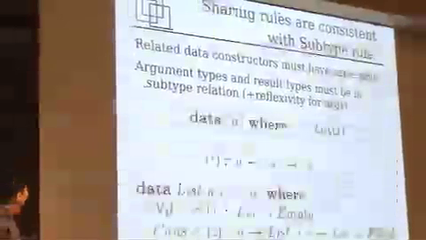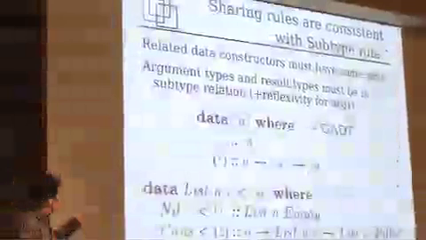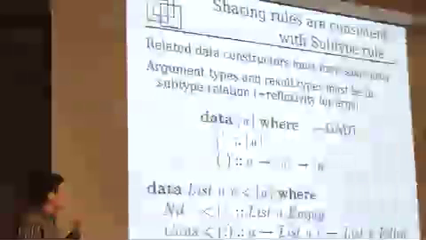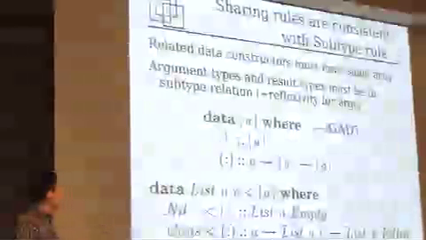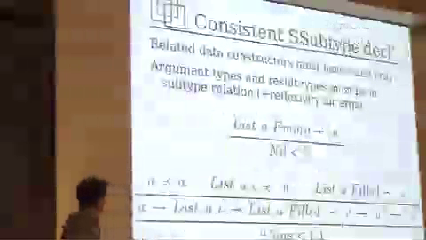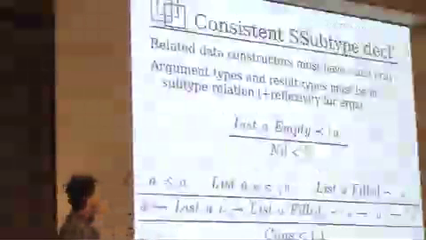So for example, we made list AE a shared subtype of list A, and what we want to do when we look at this nil and cons, this piece of syntax, is two checks.